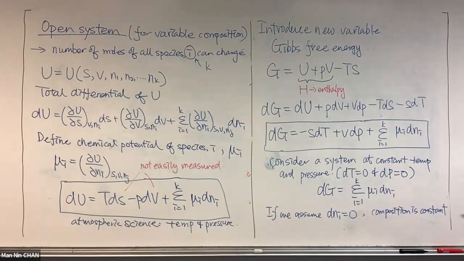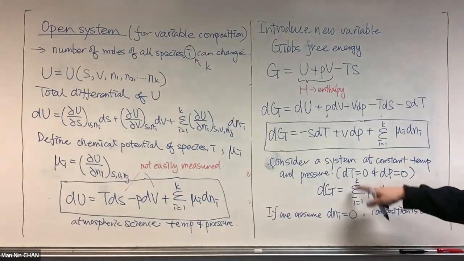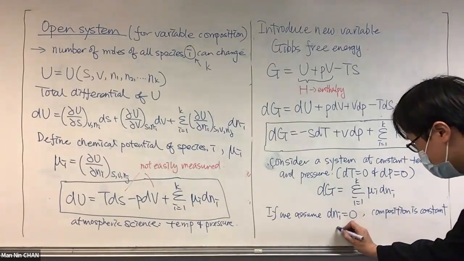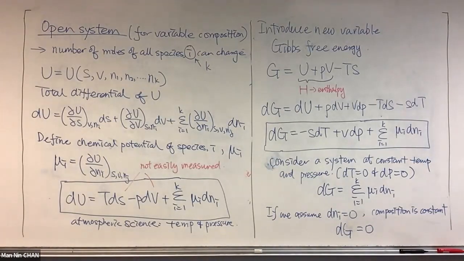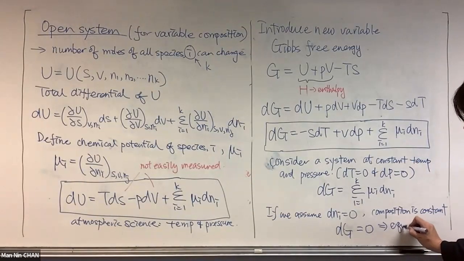So it does not change, which means dni for all the species will also be equal to 0. So what that means is your dG will be equal to 0. This is how you can achieve an equilibrium state. If you remember, dG equal to 0, a change in your Gibbs energy equal to 0, means we have what we call equilibrium.